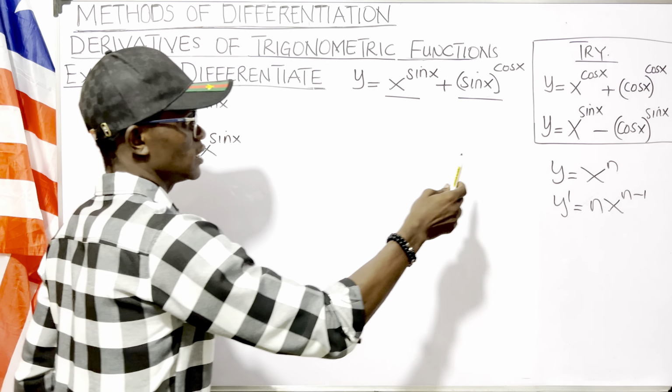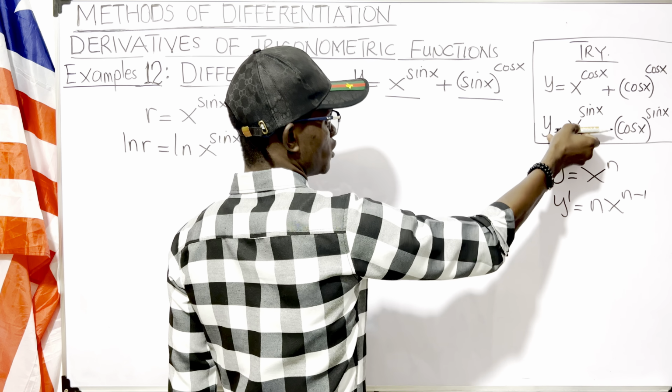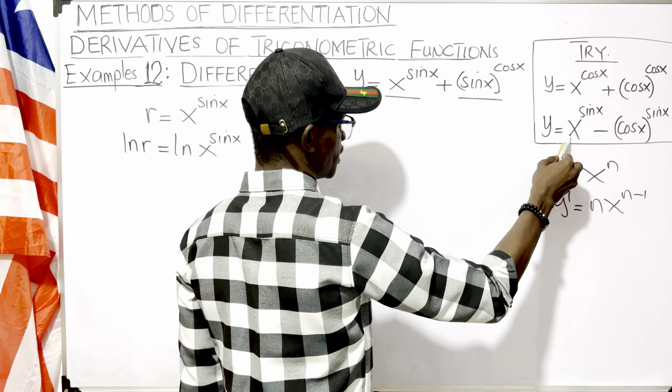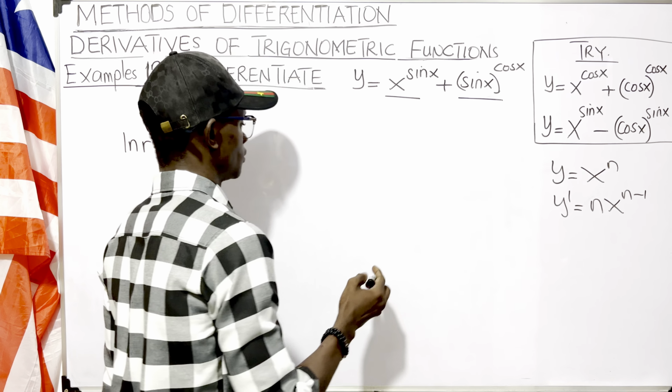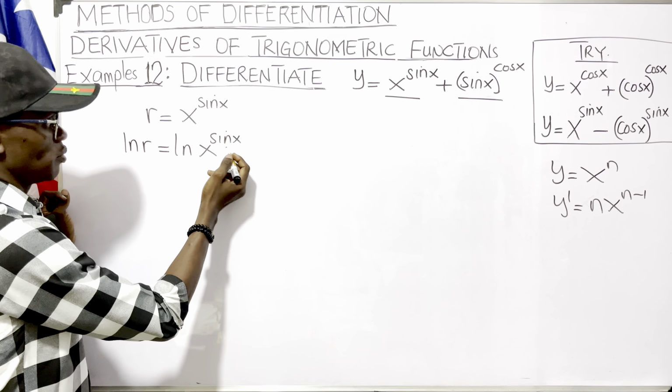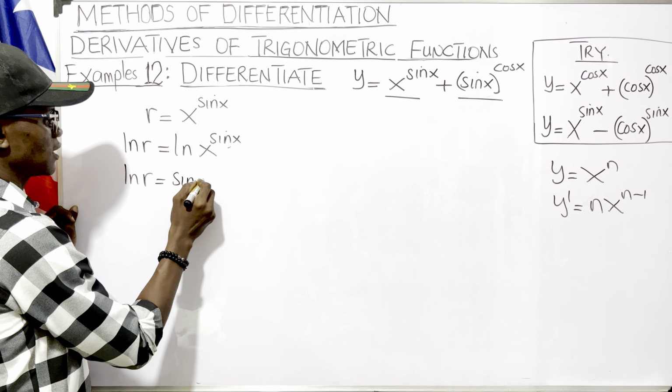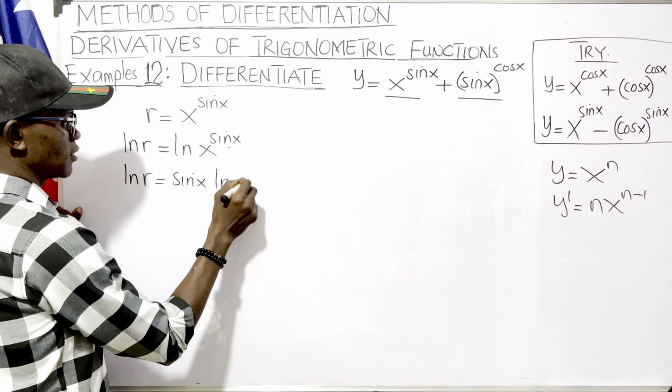So you see, if you're doing this problem, you can represent this to be your r. So we bring this power down. You have ln of r is equal to sine of x, ln of x.